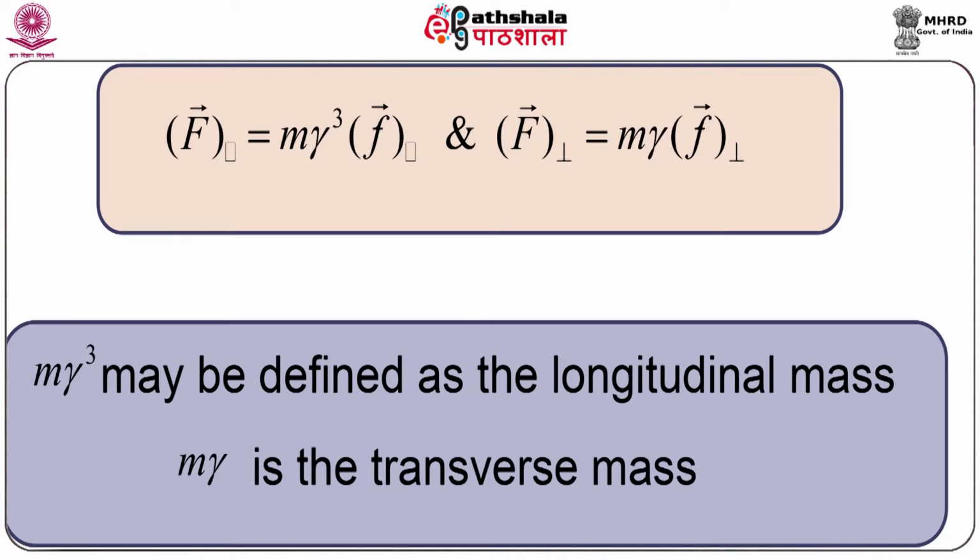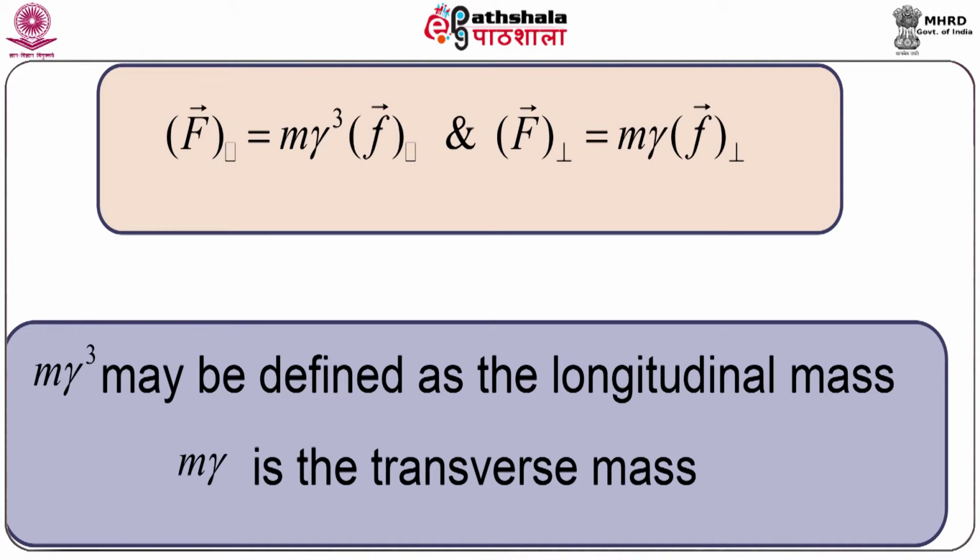M into gamma cube may be defined as the longitudinal mass, that is the mass in the direction of motion of the object, while m into gamma gives the transverse mass.